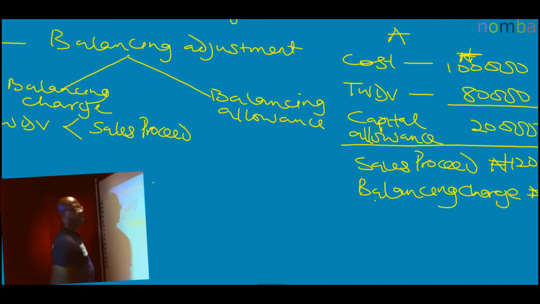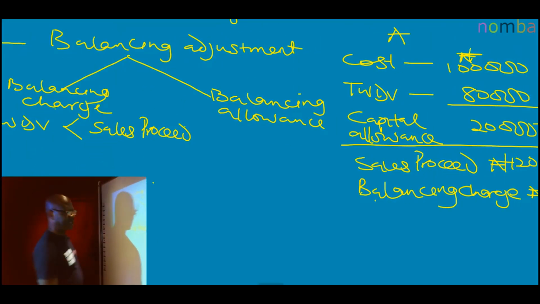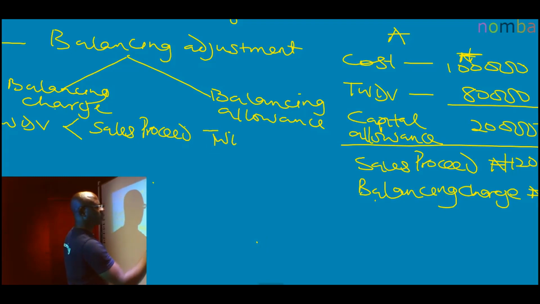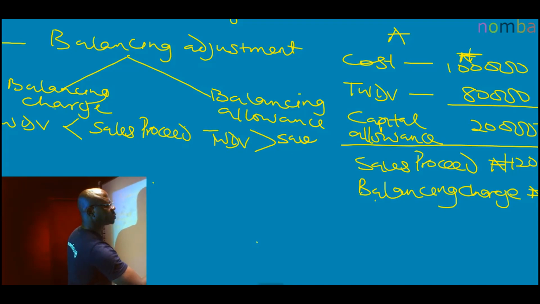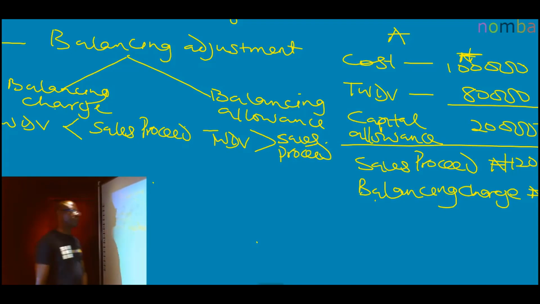So let's look at balancing allowance. Balancing allowance is the opposite of balancing charge. So that means it arises where the TWDV is greater than the sales proceed. Where this happens, we say we have a balancing allowance. Or in FA, you say you have a loss on sales of fixed asset.